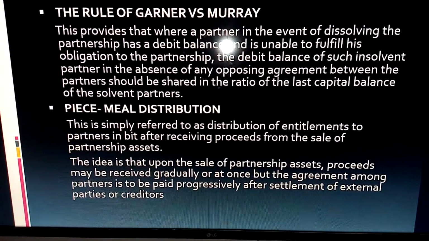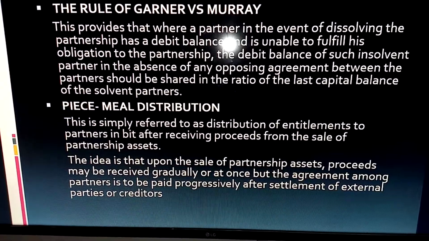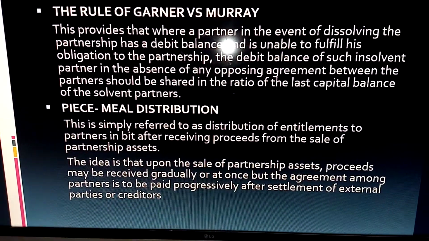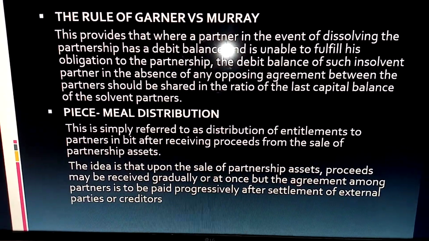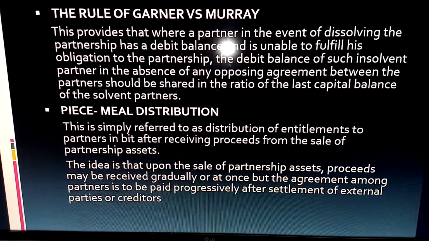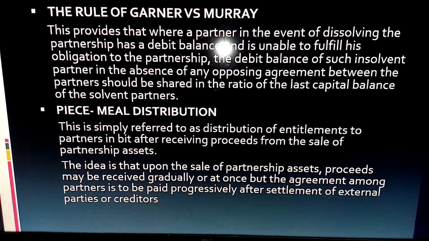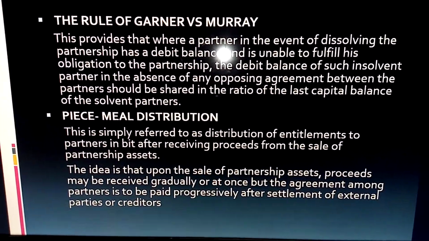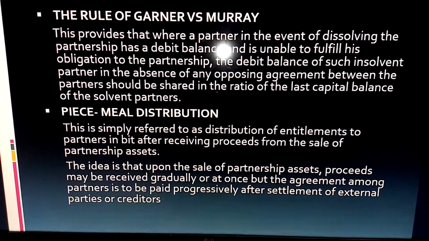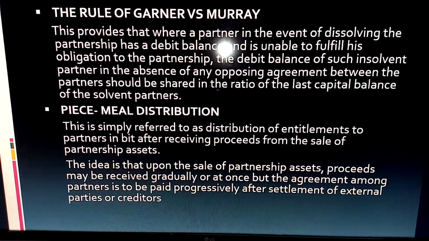And that will only happen when there is no opposing agreement. So if the partners have an agreement on how that should be done, then they will follow that agreement. But if there's no agreement on how the debit balance of the partner that cannot pay should be shared, then you can apply the rule of Garner versus Murray.